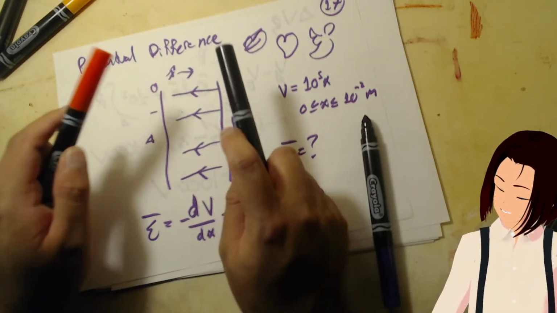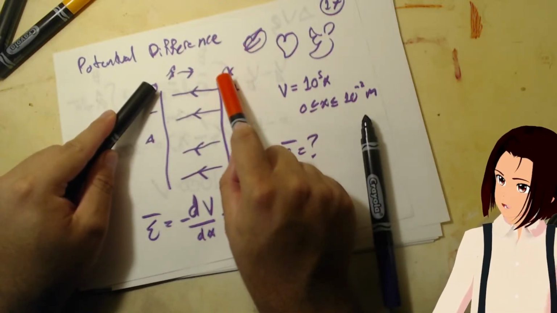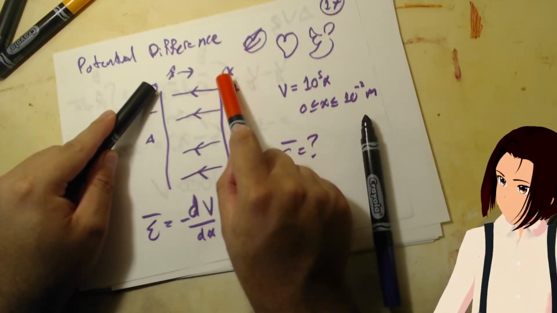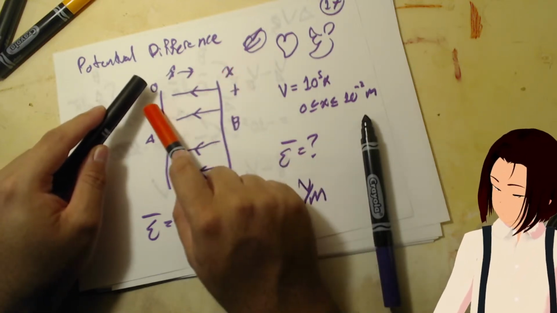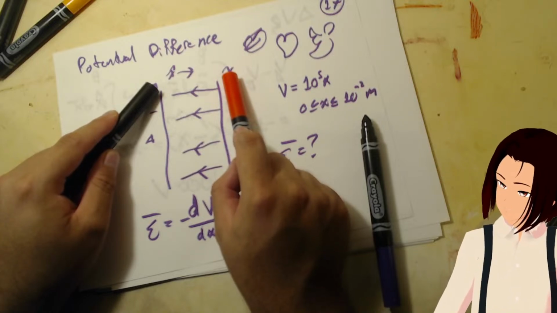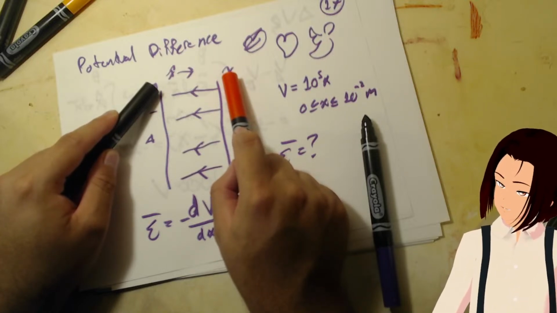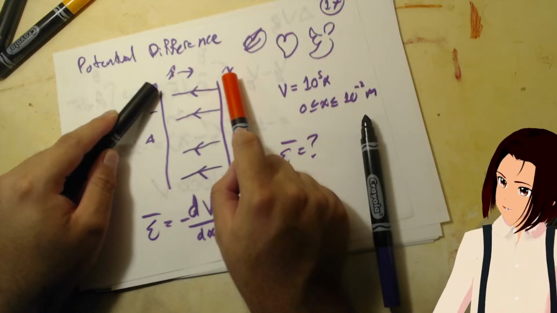This is called the voltage drop between x and 0. The voltage rise between x and 0 is negative 1,000, because it's not rising, it's dropping. But the voltage drop is 1,000.